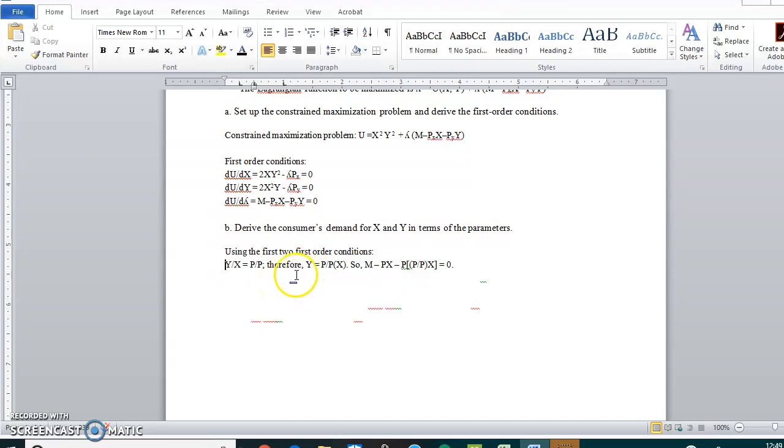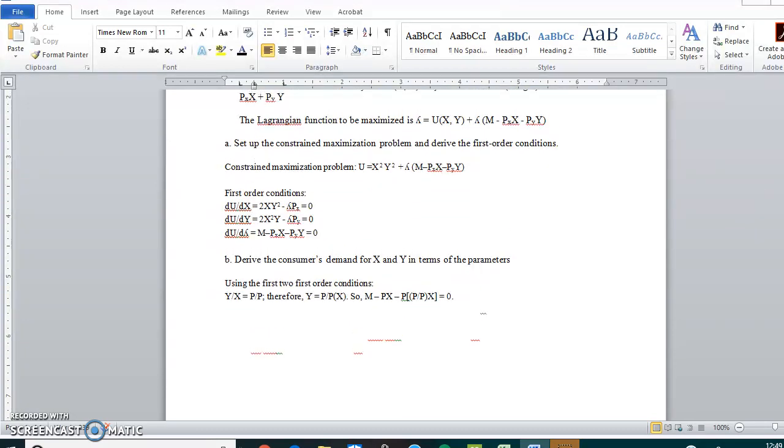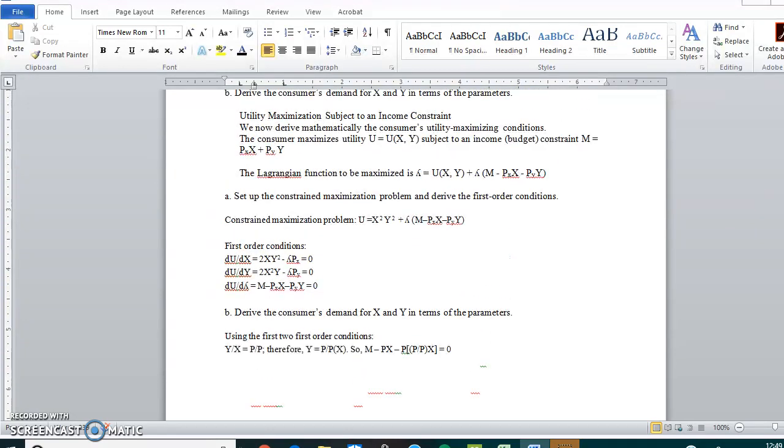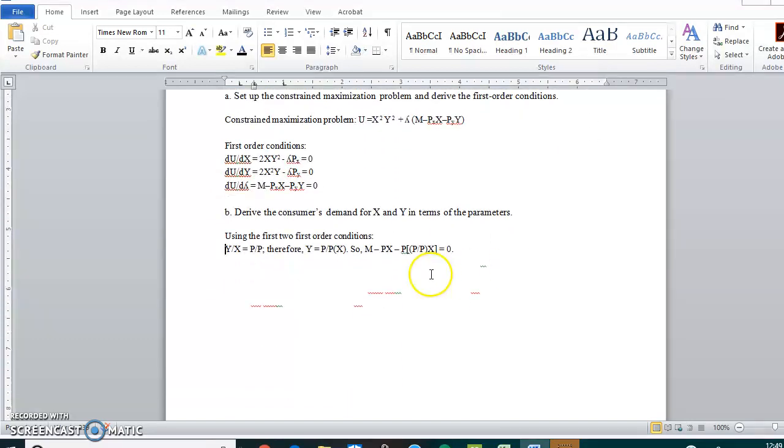But to rearrange this, because y over x equals p over p, we know that y equals p over p times x. So if we look back up here to our budget constraint, we know that m minus p x minus p times p over p times x equals 0.